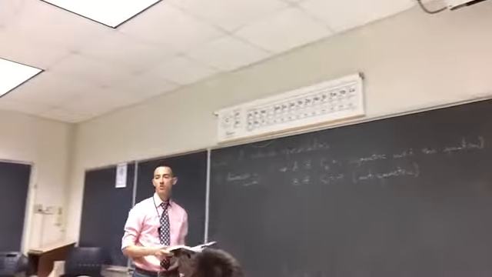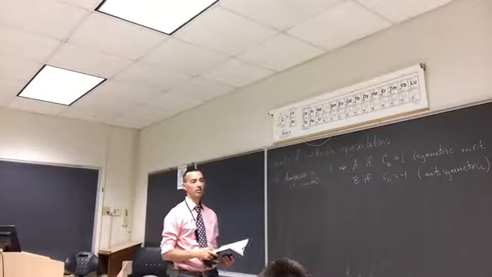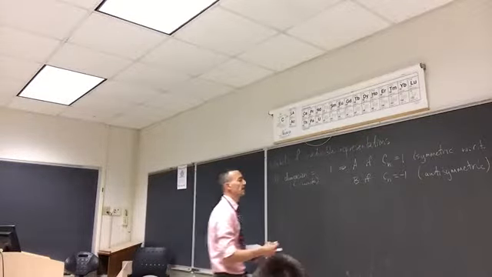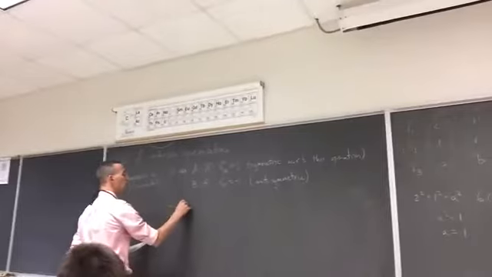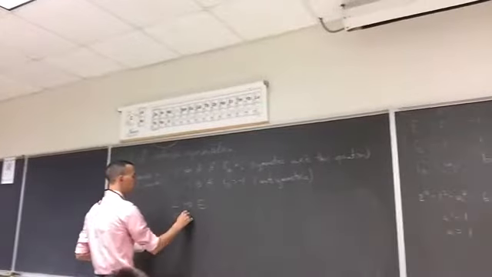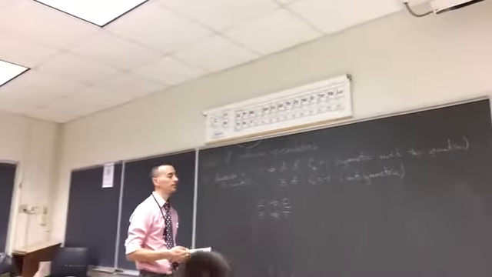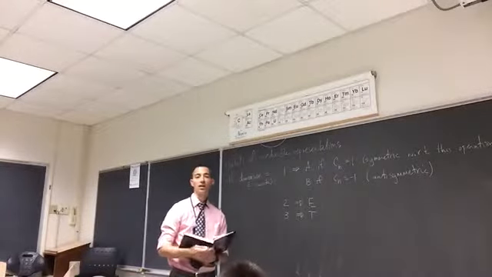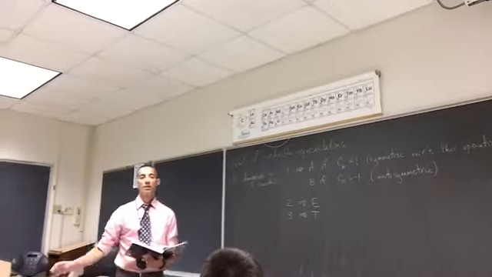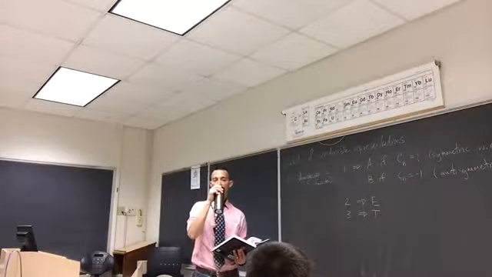So that's what plus 1s mean and what minus 1s mean in character language. All right. If the dimension equals 2, the label is E. And if the dimension equals 3, the label is T. So that's it. Those are the possible labels for irreducible representations: A, B, E, and T.